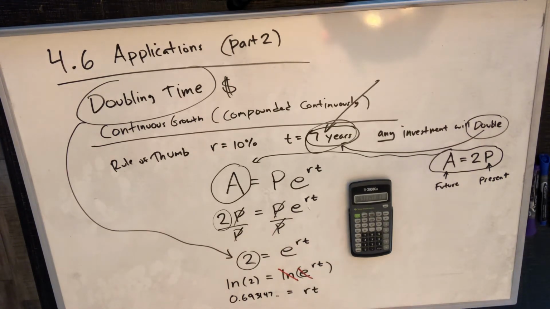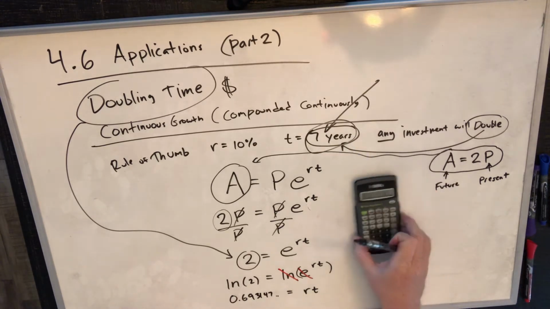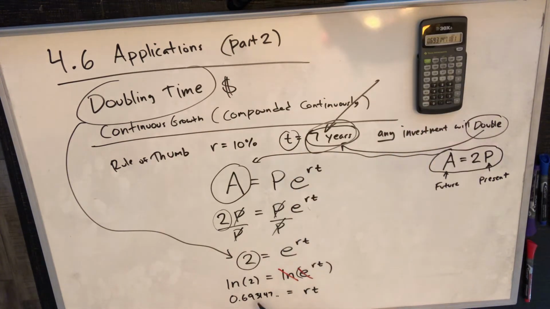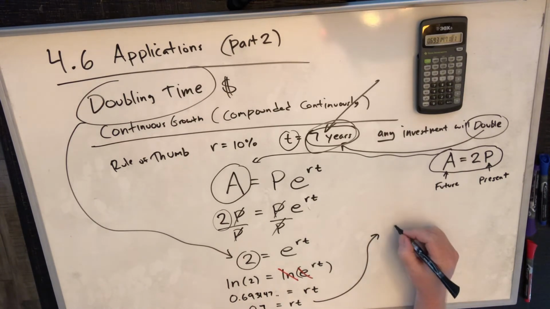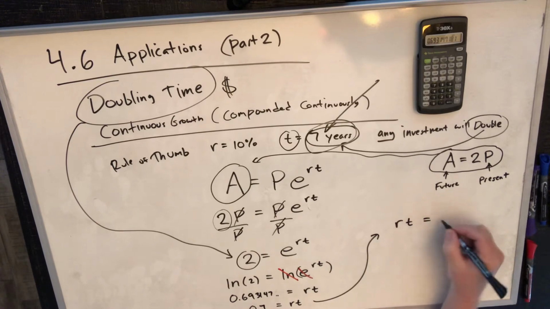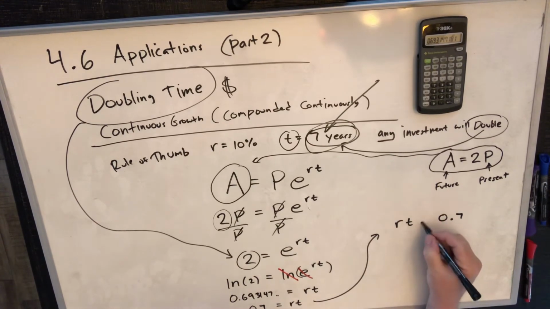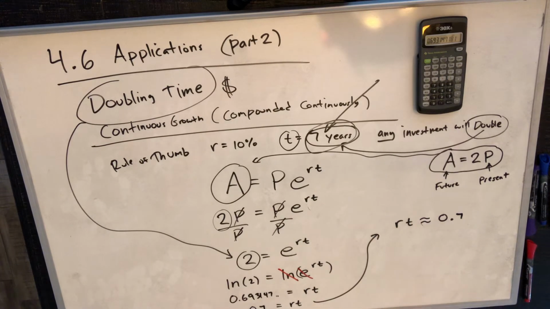That's our inverse property. And we're just going to get RT. For practical purposes, when we're doing word problems involving time, this might as well be 0.7. So we have RT is approximately 0.7.